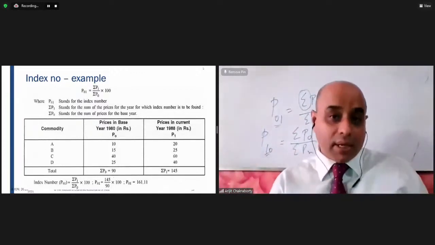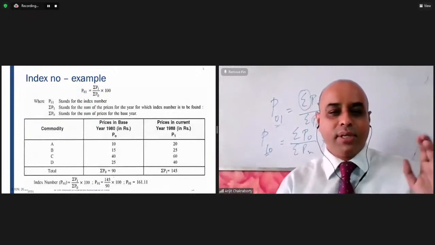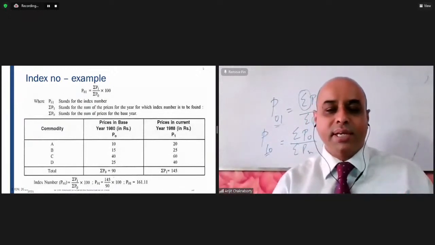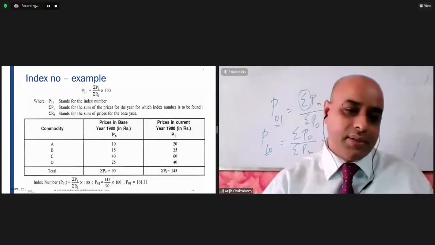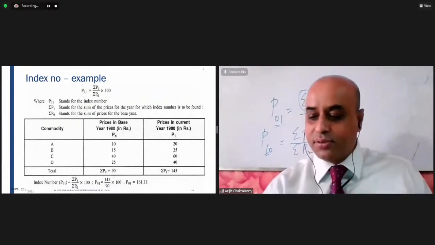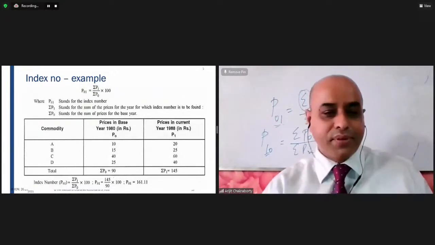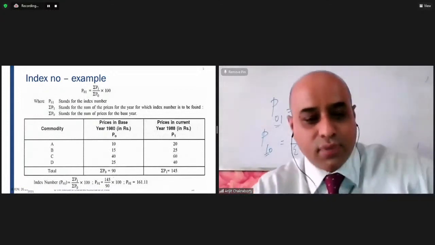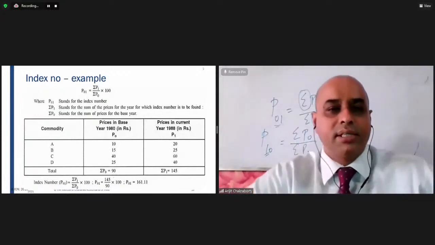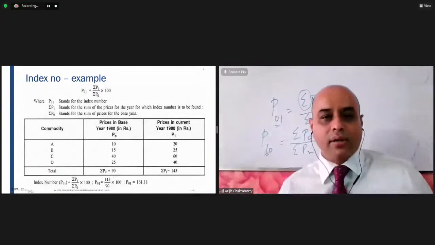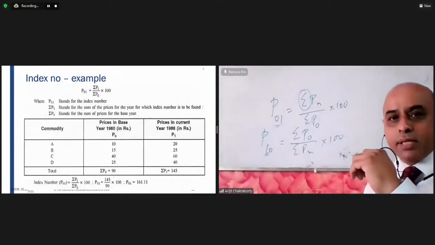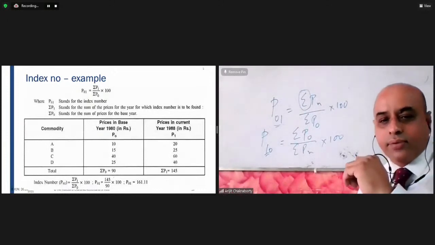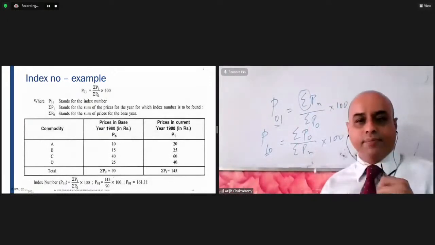This is how we create a basket of commodities. Commodity A's price in the base year was 10 rupees, commodity B is priced at 15 rupees, commodity C is 40, and commodity D is 25. Together, sigma P0 comes to 10 plus 15, that is 25, plus 25, that is 50, plus 40, that is 90.